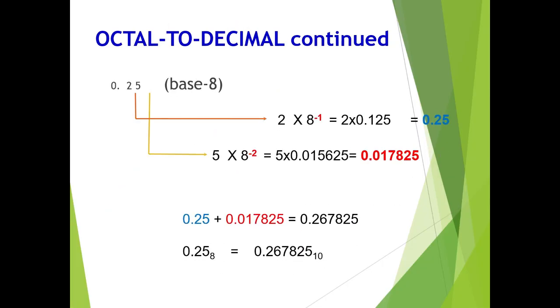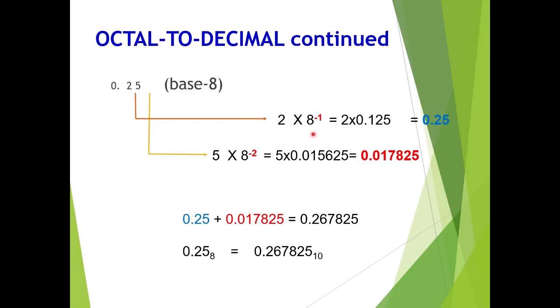And this is another example. If I have a fraction, then the weights are negative weights. Near the decimal point it is -1, then the next digit is -2. So 2 into 8 power -1, then 5 into 8 power -2.